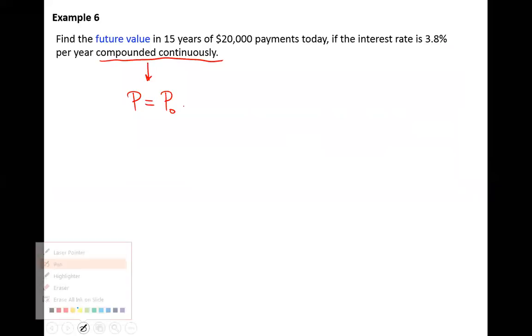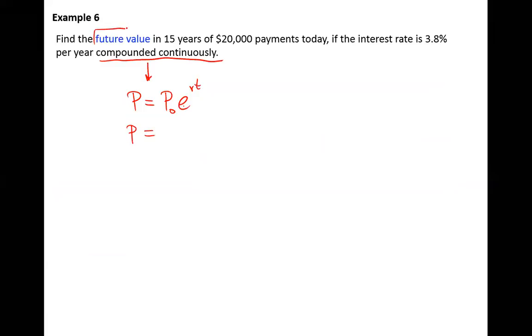Okay, that means what I have to do, I have to add e to the power of rt. And my future value, in my labels, that's the future value, P. I'm investing 20,000 and the rate is 0.038 and the time is 15, times 15.